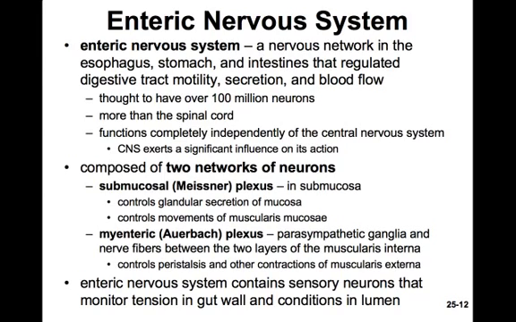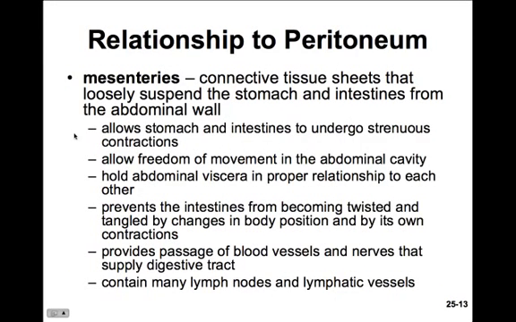And it also involves nerve fibers that lay between the two layers of the muscularis externa. These fibers control peristalsis, the action of squeezing things through the digestive tube, and also other contractions of the muscularis externa.